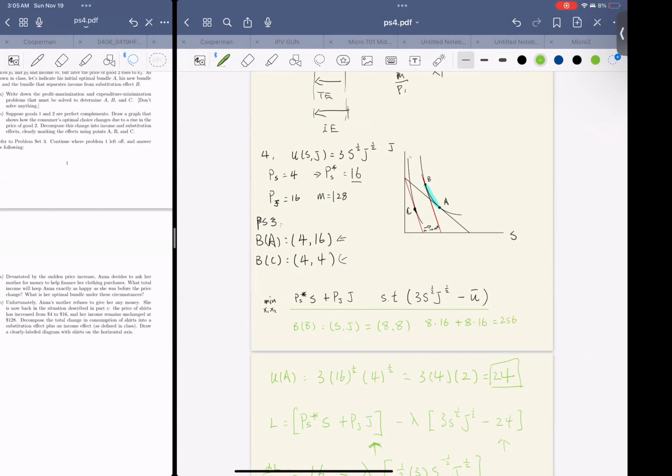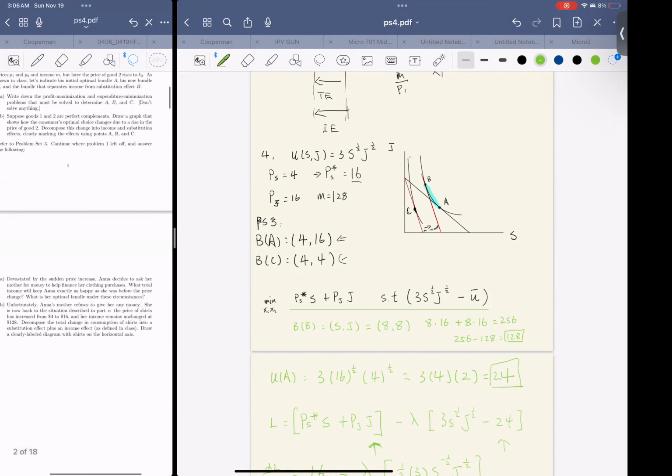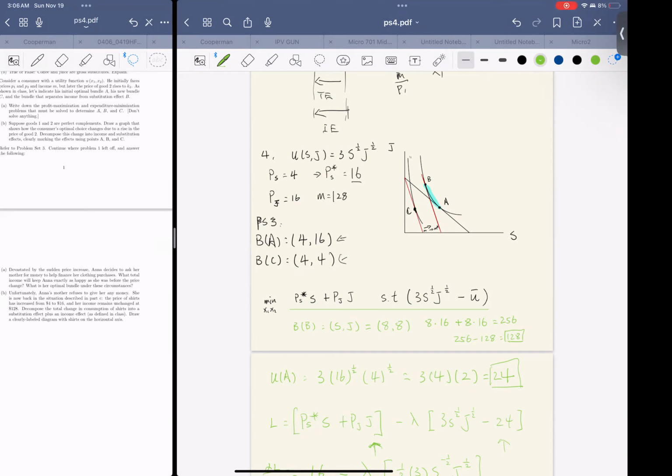Originally she has 128. Oh, it's asking for total income, not how much it changed, so the total income would be 256. But Anna's mom has to give Anna 128.